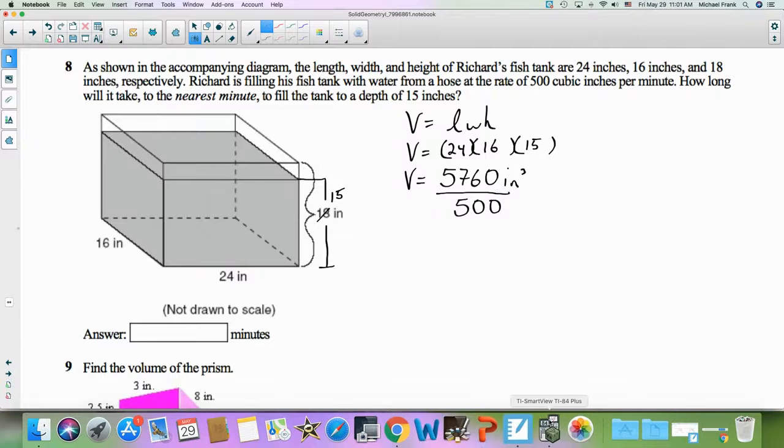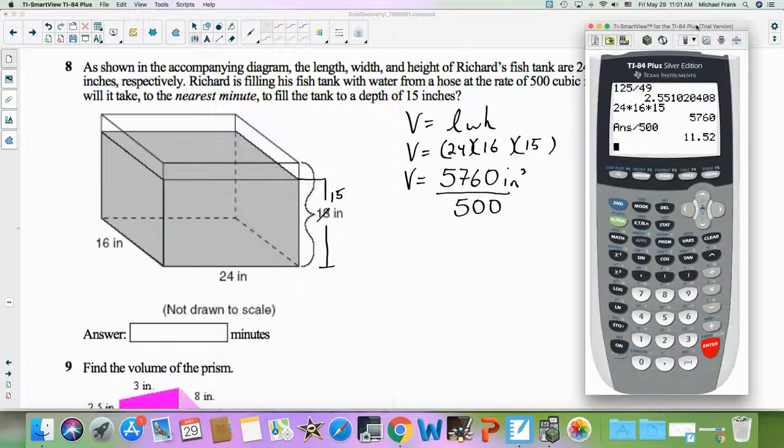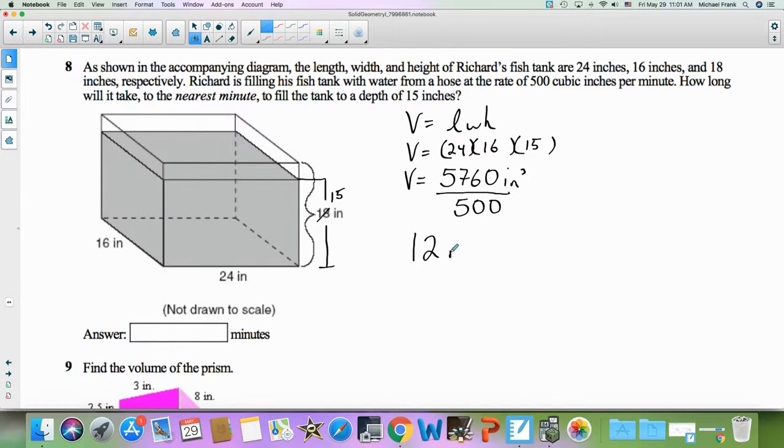So we're going to take that volume and divide it by 500. And we get 11.52 minutes. But it says to the nearest minute. Well, we're going to round that up, and 11.52 rounds up to 12 minutes.